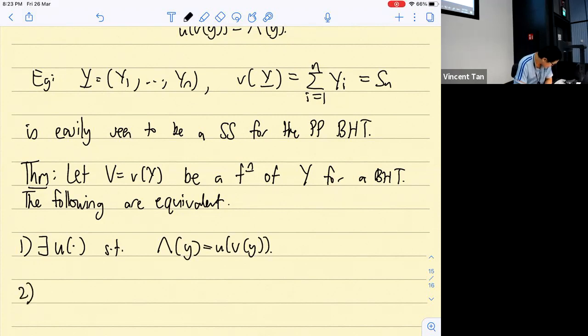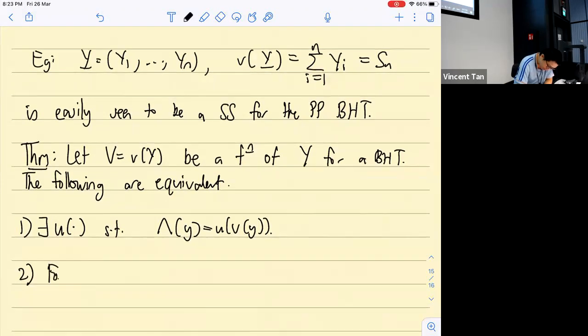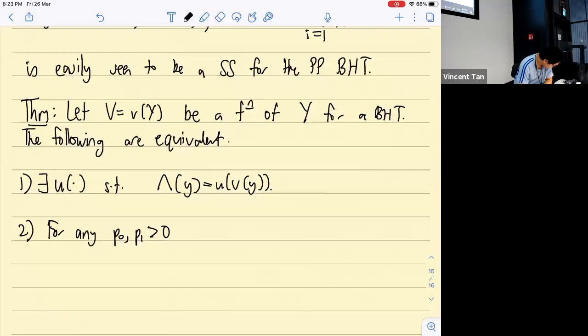Two, so these are all equivalent. For any priors P0, P1 bigger than 0, the posterior probability satisfies P of x given y equals P of x given v of y.